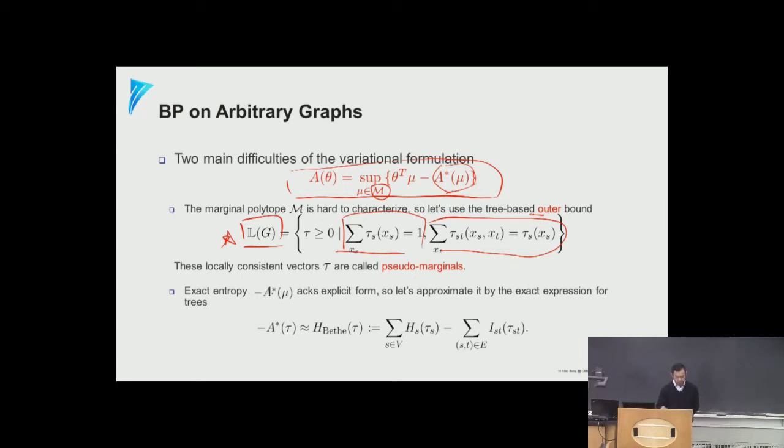Now I ask, do you think this space is smaller, equal, or bigger than the marginal polytope? Why smaller? Here you forget about the tree because I'm not talking about the tree anymore. I'm talking about using the tree to inspire some constraints, right? But there are other constraints I don't care about, basically.